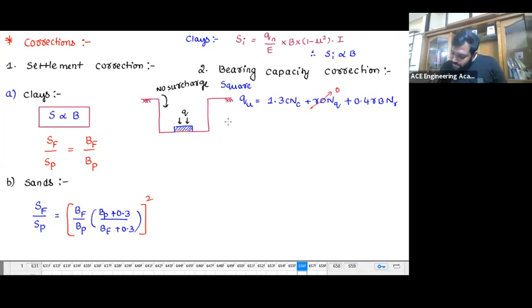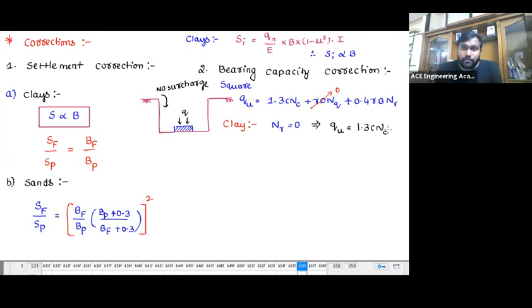Now, if it is a clay soil, you know N gamma is also going to be 0. Yes or no? And what is qu? The qu is equal to 1.3 c Nc. Have you remembered a point? The ultimate bearing capacity of a clay soil is independent of the width of footing.